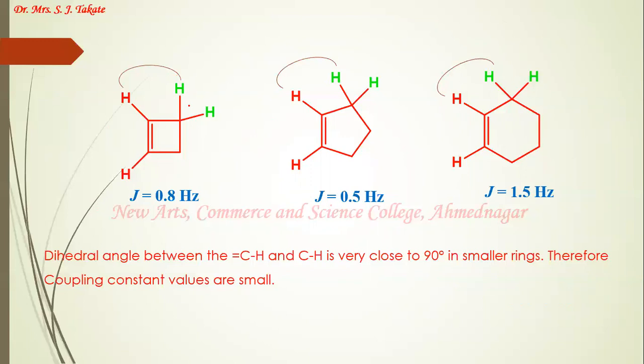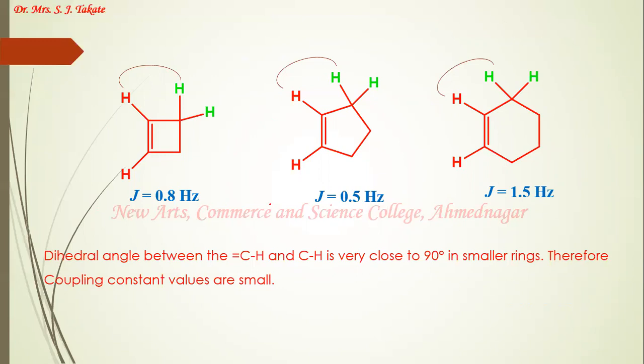Here the valence angle is not directly affecting the coupling constant value, but the dihedral angle between the carbon-hydrogen bond on the sp2 hybrid carbon atom and the carbon-hydrogen bond on this sp3 hybrid carbon atom is very important in all these three cases.